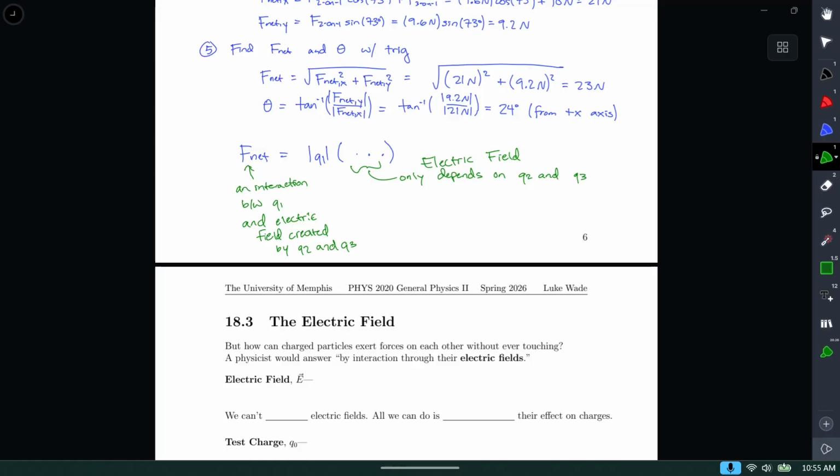And so by doing that, one, like I said, it makes the math a little easier because you don't have to reinvent the wheel just because you swapped out for a different charge. But for 2, it kind of gets at the idea that every charged object carries this thing with it, this electric field, and forces arise because of an interaction between that field and other objects.